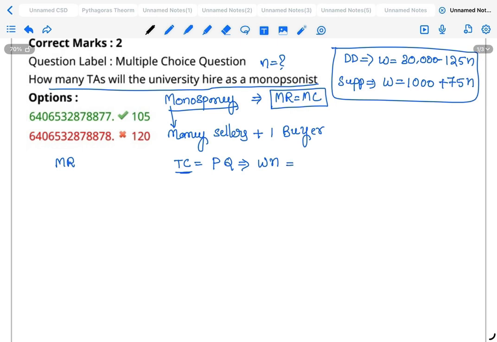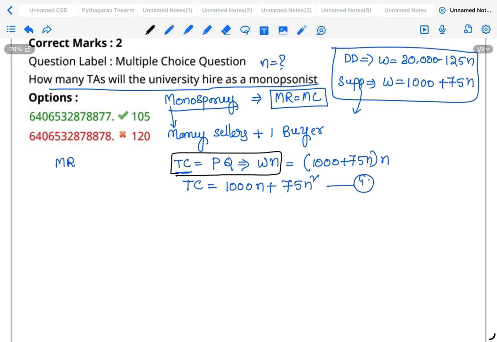W equals the supply function, so total cost is (1000 + 75N) times N, that is, total cost equals 1000N + 75N squared, by using the supply function.